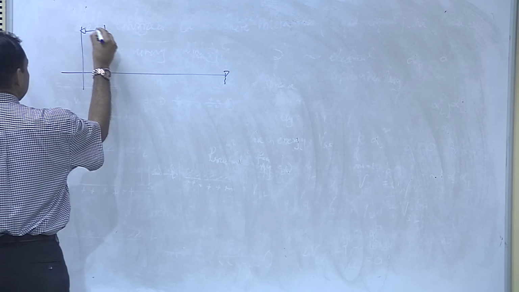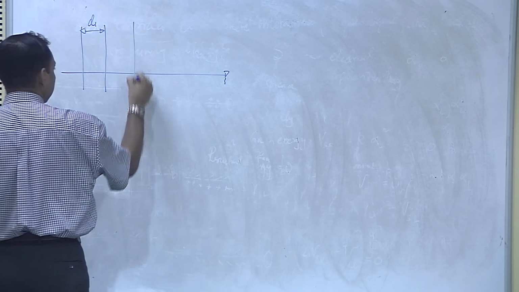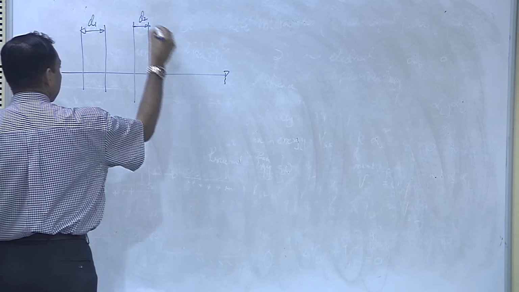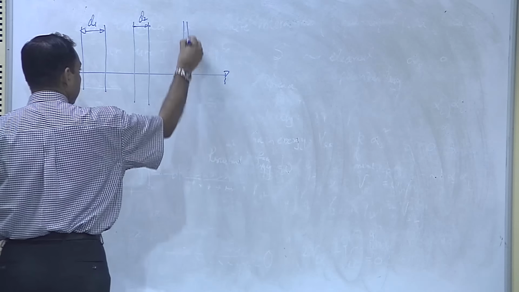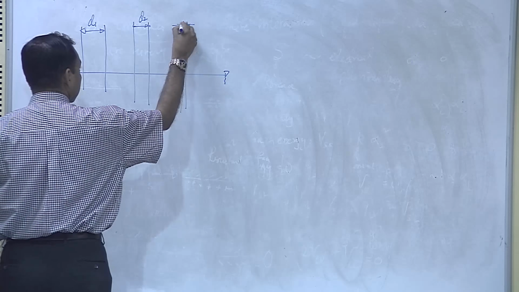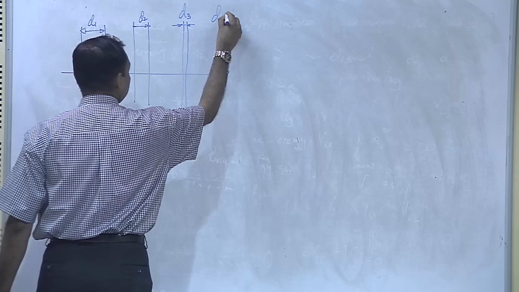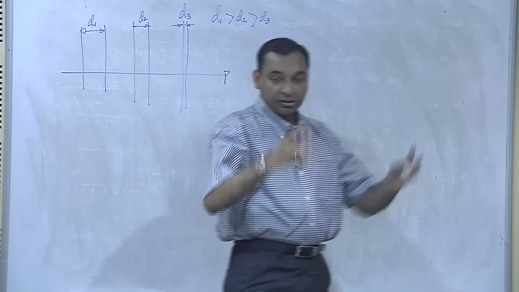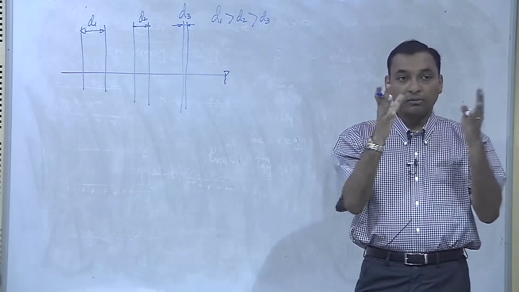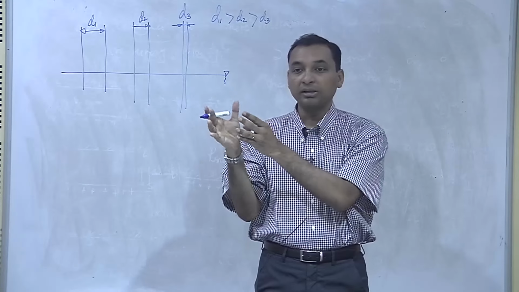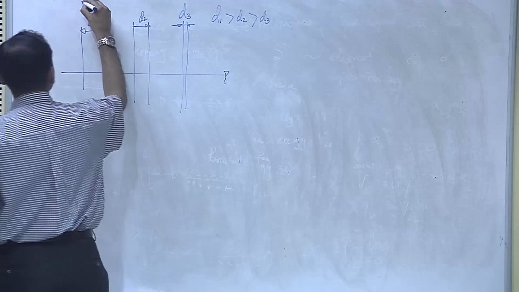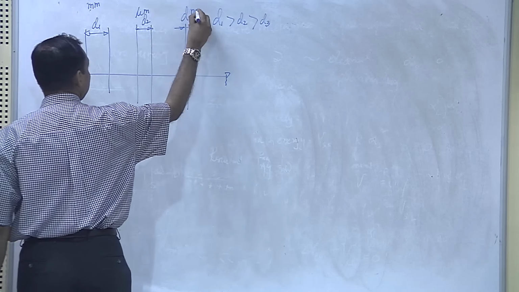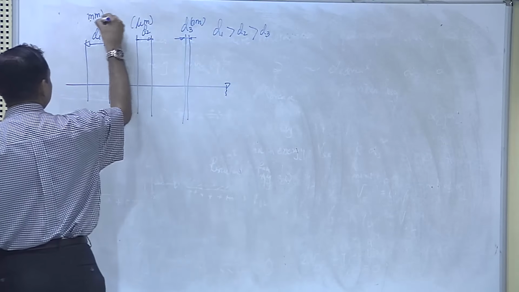So, maybe this is D1, this is D2, then this is D3, where D1 is greater than D2 is greater than D3. So, a very large capillary all the way to a very thin capillary. So, this one may be in millimeter, this one may be in micron, and this one may be in nanometer, right. I can have various capillaries.